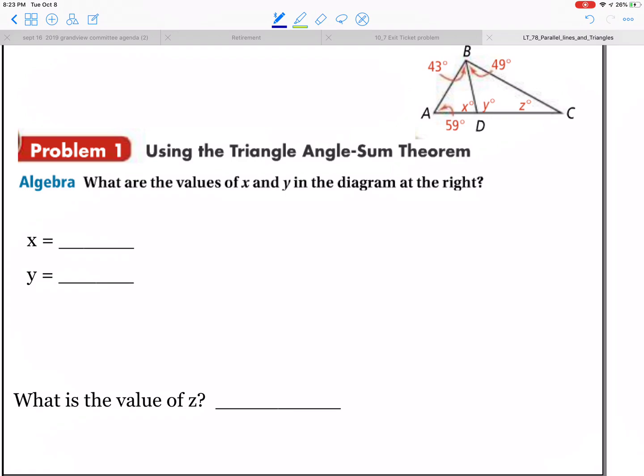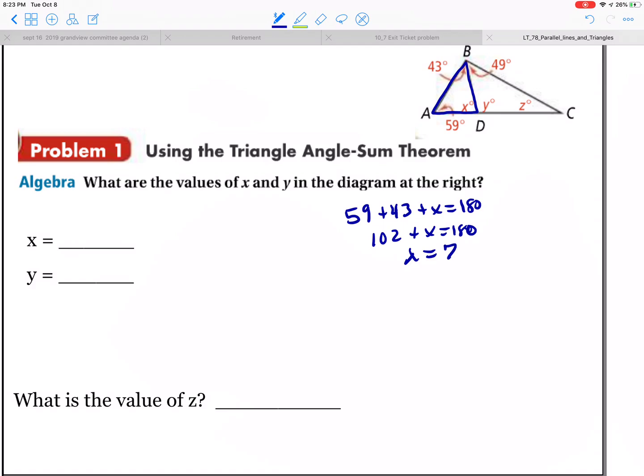Okay, first, to solve for x, we can see that that triangle, the blue triangle, adds up to be 180. So I know 59 plus 43 plus x equals 180 degrees. That tells me that 102 plus x equals 180.